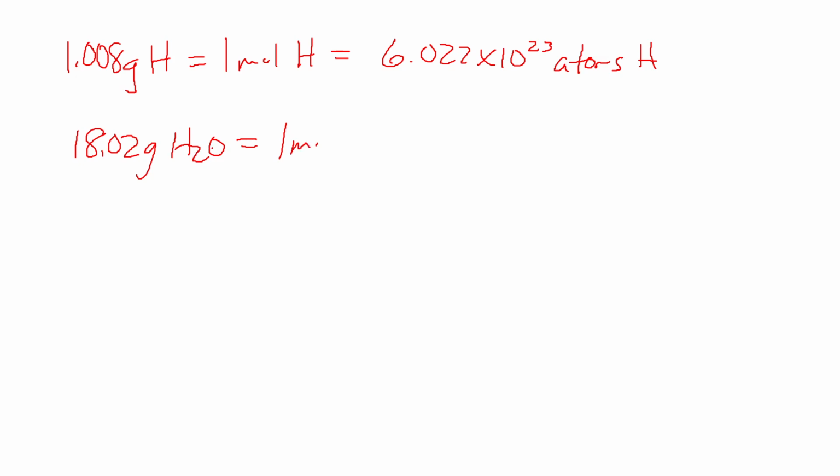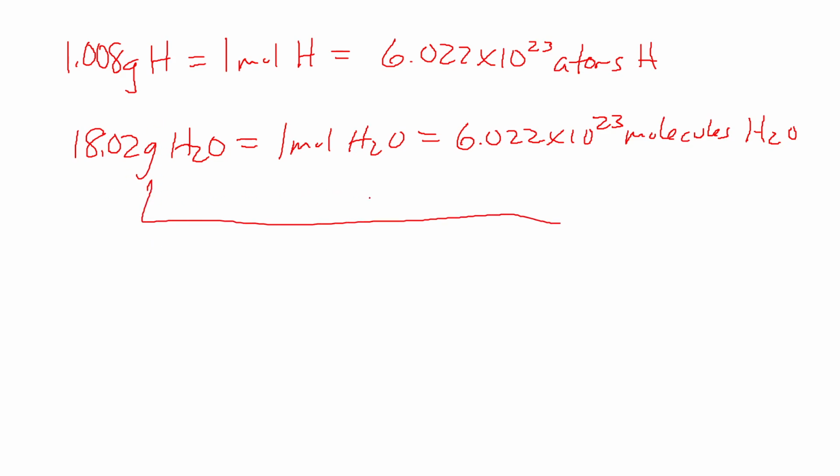That equals 1 mole of water, and that equals 6.022 times 10 to the 23 molecules of water. So what ties grams and molecules together and grams and atoms together? As you can see here, it is actually moles. Moles is the unit that basically ties those other units together. It's kind of the central stopping point between those two units.